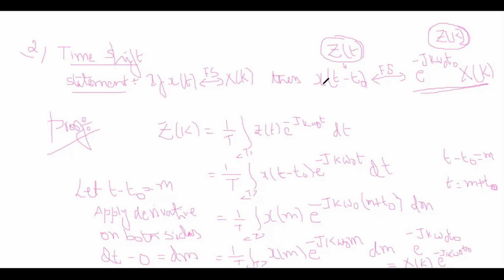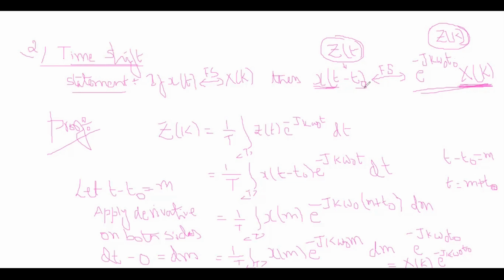So for this function, x of t minus t naught, for x of t, x of k is a Fourier series. For t naught samples the time is shifting. So see here, time is t. If it is frequency, it means k here. Converting time to frequency, the frequency is k. Now here we are taking the time shift only. The time is shifted by t naught samples, so it is multiplied with e power minus jk omega naught into t naught.